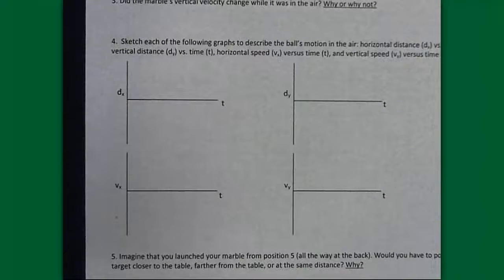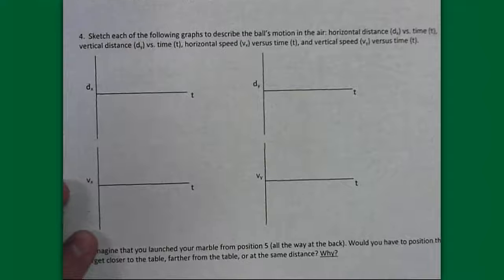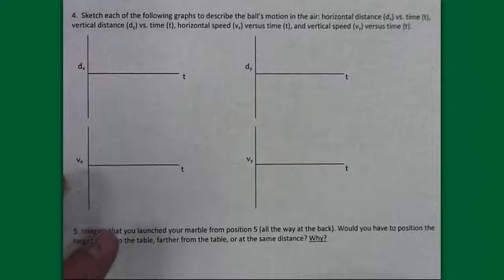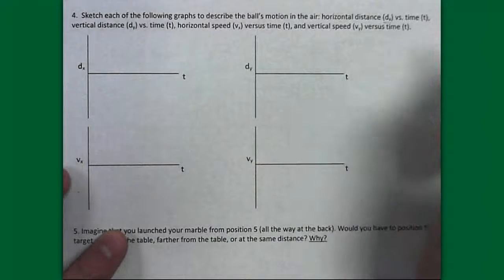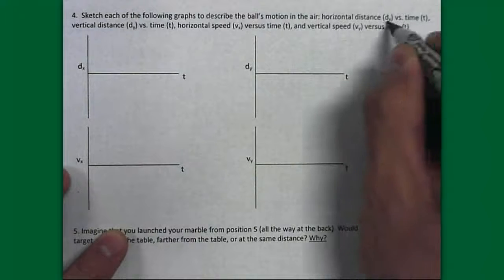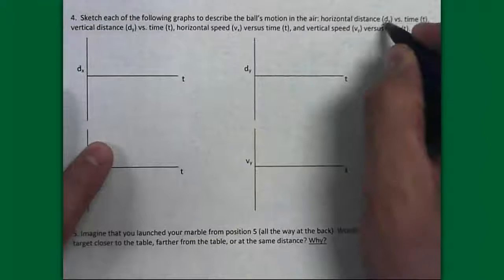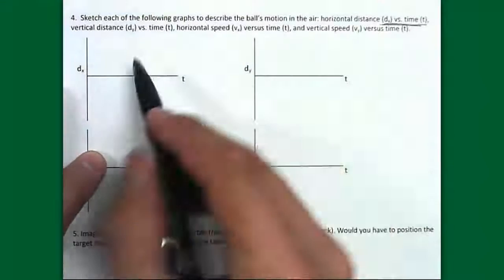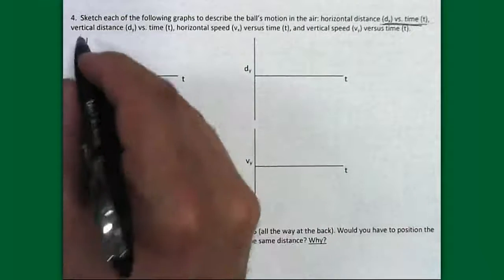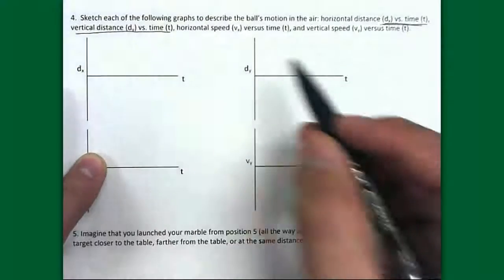So the question now is, how does that apply to these graphs? Specifically, the question says, sketch each of the following graphs to describe the ball's motion in the air. We want to know about horizontal distance, dx, versus time. So that would be a distance versus time graph. Horizontal distance versus time, and that will be this graph here. We want to know vertical distance versus time.